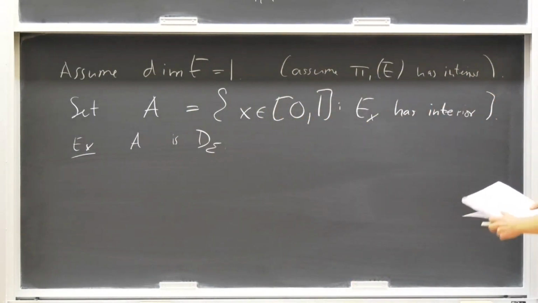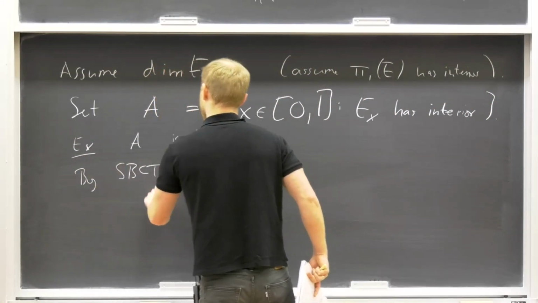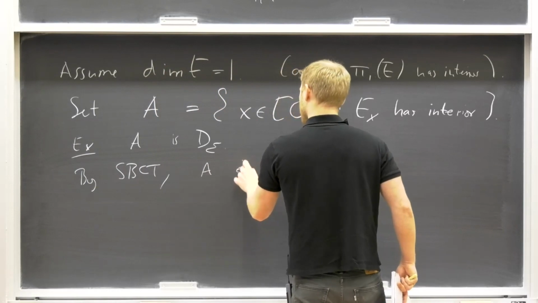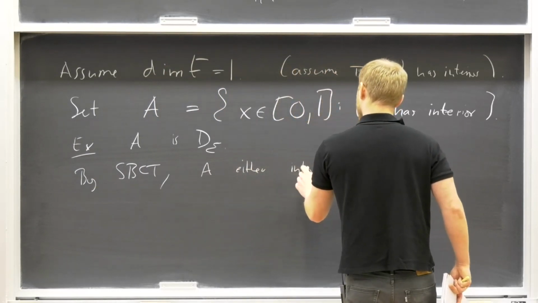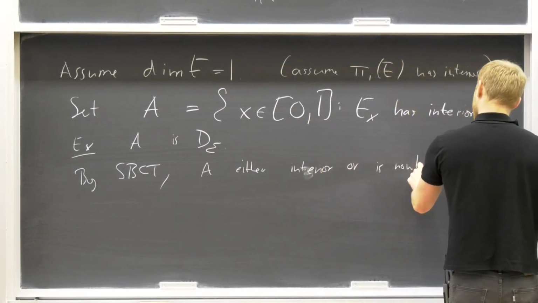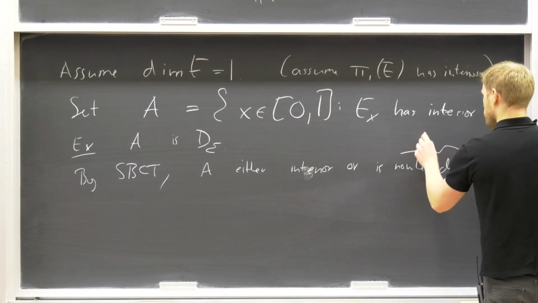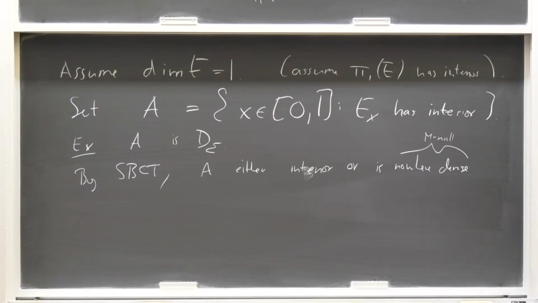Okay. So by the strong Baire category theorem, A has either interior or is nowhere dense. Okay, and so in this case, if you're nowhere dense, and of course we know that you are null. Now we know that E doesn't have interior.